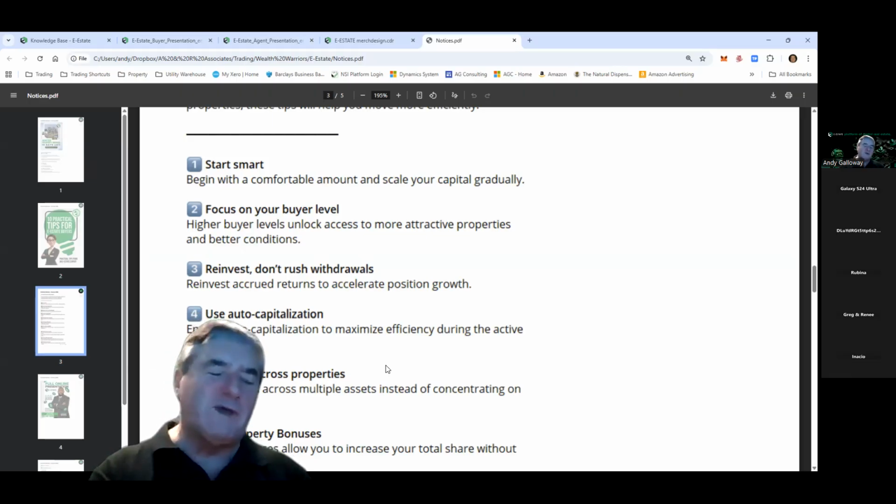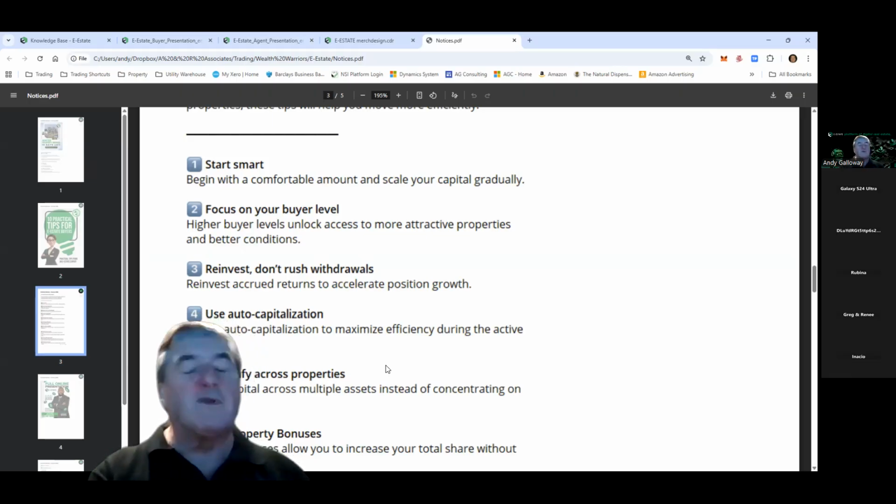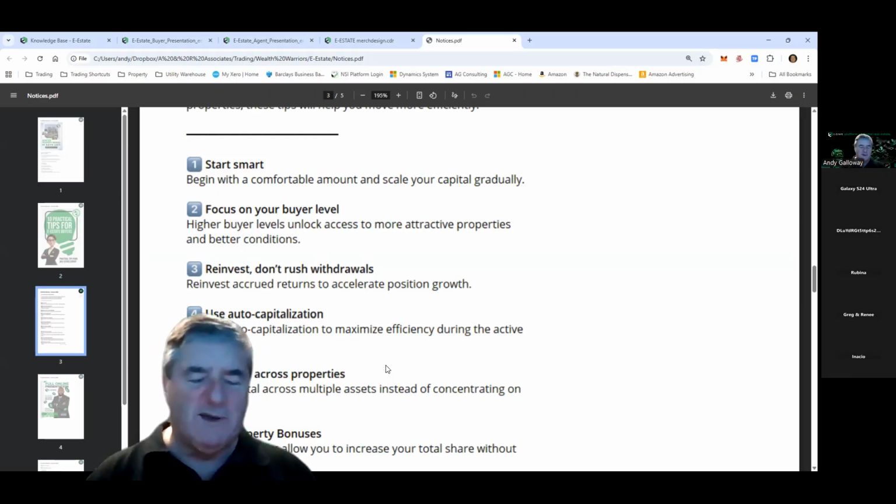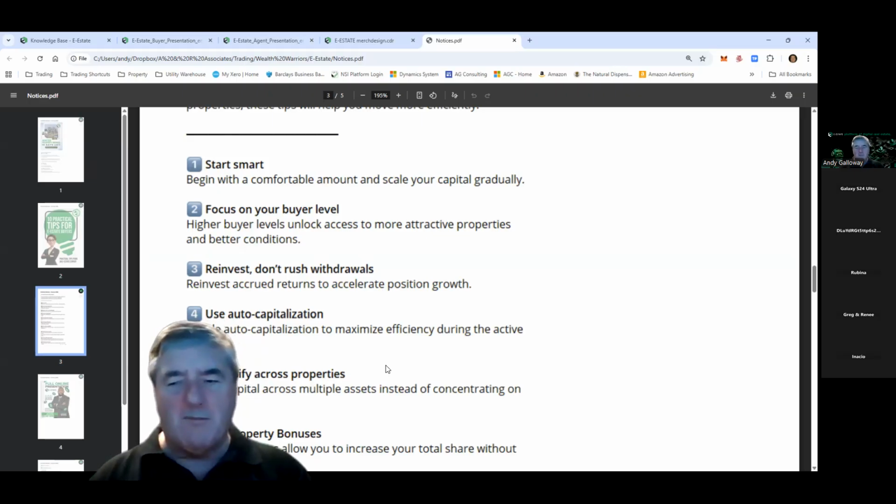And it's all very well saying, look, this is how much I've earned, but it's been reinvested back into that property, as opposed to saying, look, here's $100 I earned. I could withdraw that if I want to, or I could buy another property if I want to. That has more of an impact. So I'd say use auto capitalization by all means, get a bigger share of the property, but don't do it exclusively. Do a bit of both.